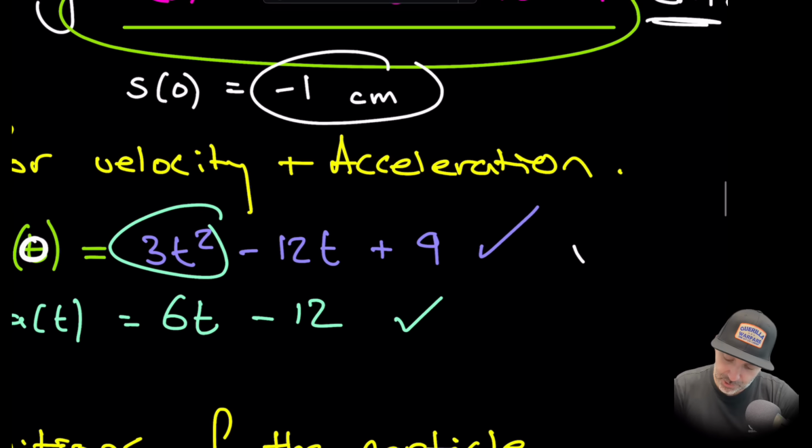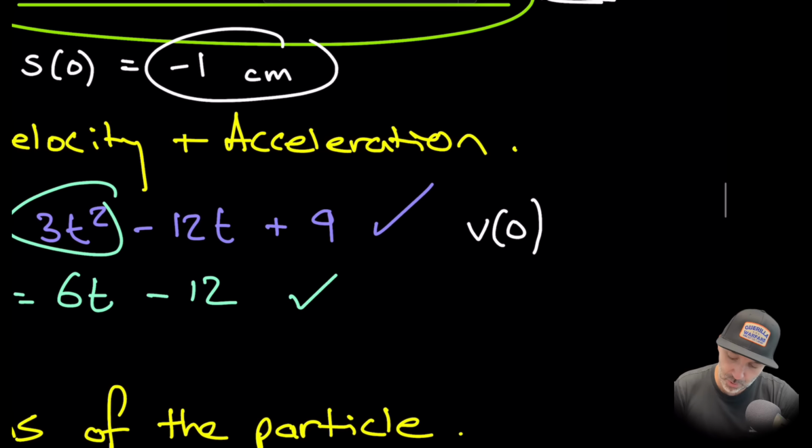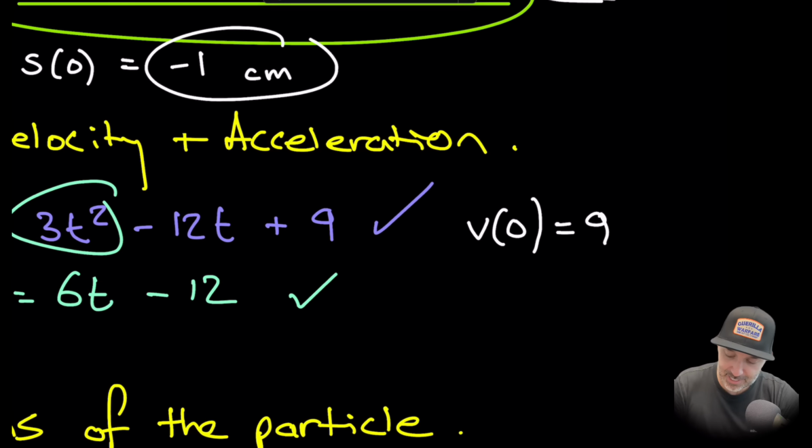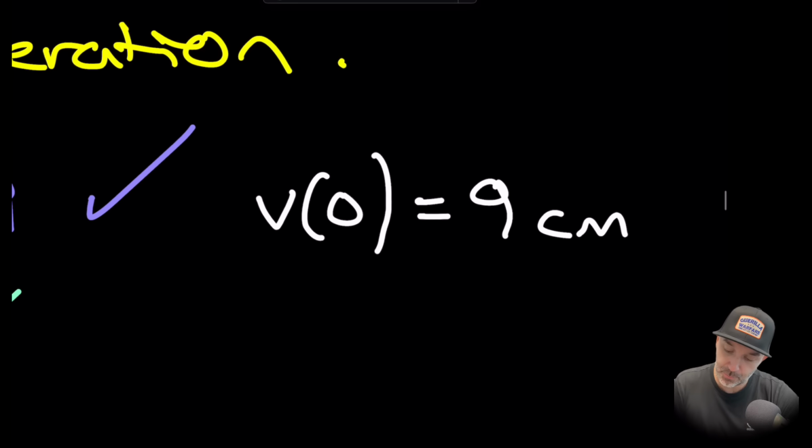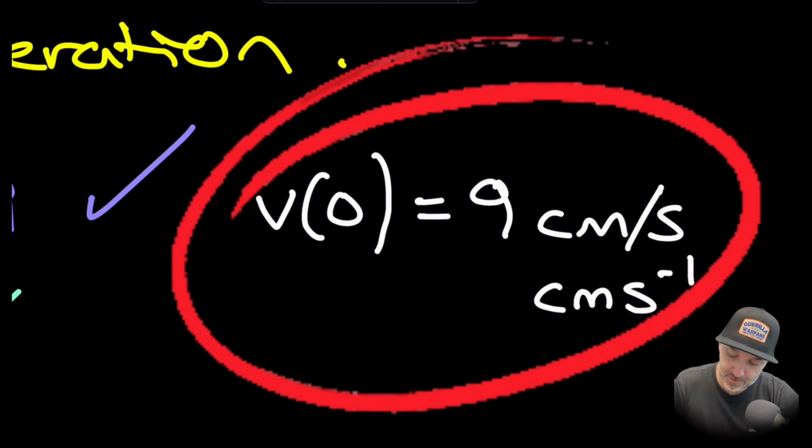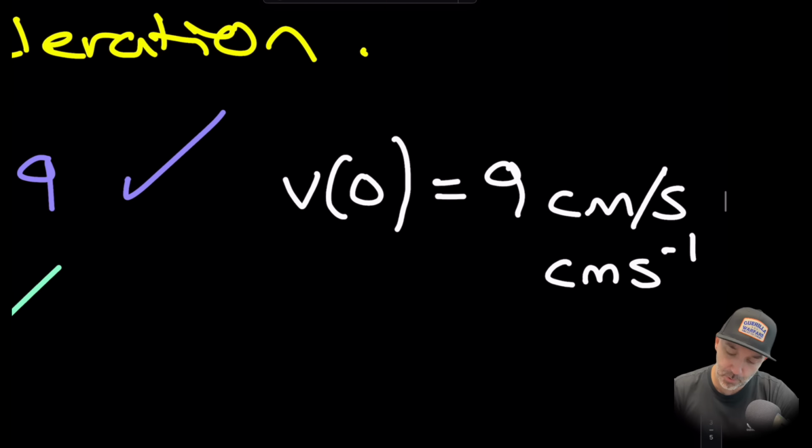So the initial velocity, v of 0, will be 9 centimeters per second. Sometimes people write centimeters per second like this, or in index form. It's positive, so that means it is moving to the right.